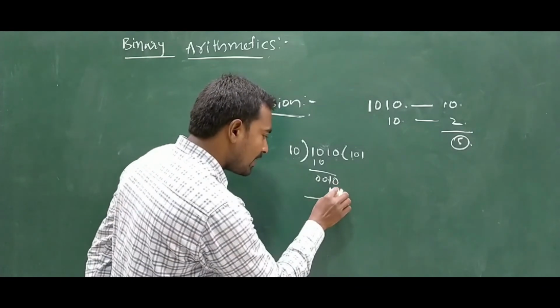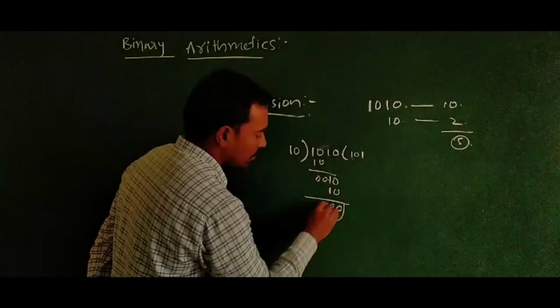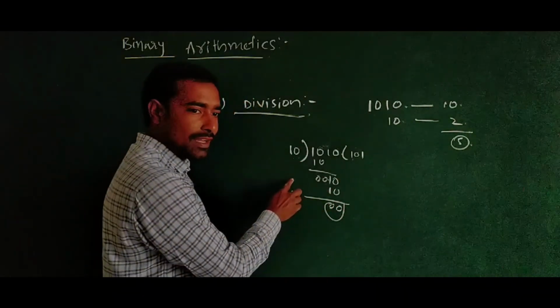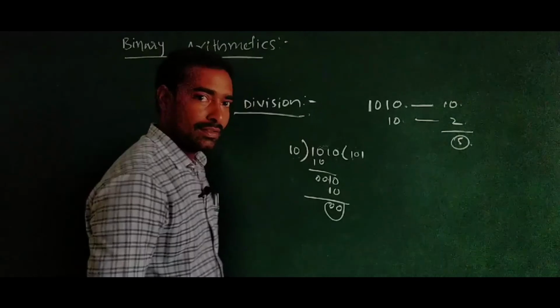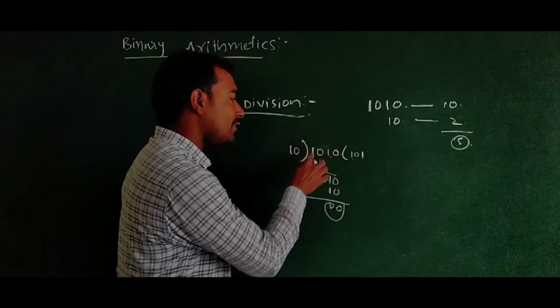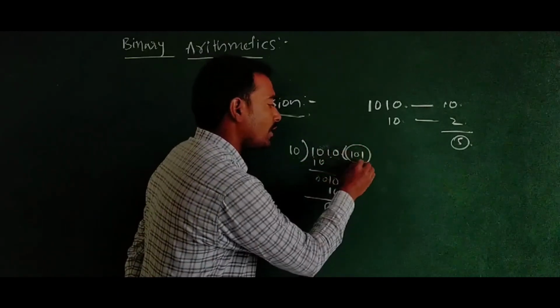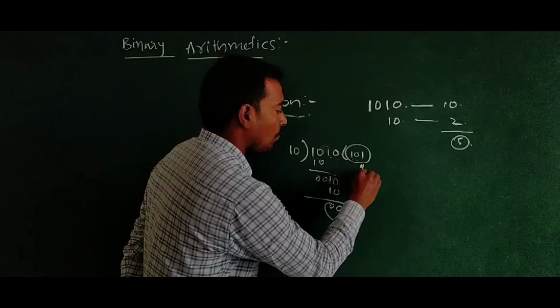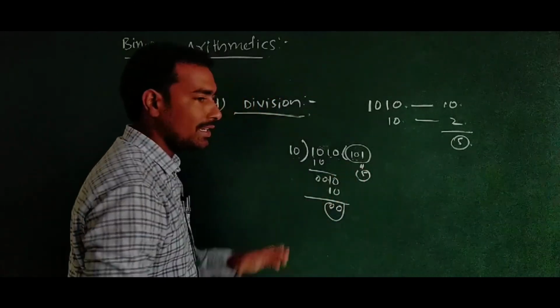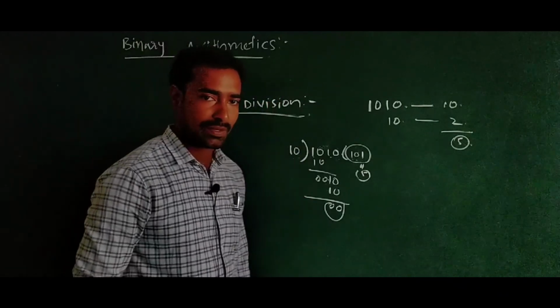Okay, so 0 minus 0 is equal to 0, and 1 minus 1 is equal to 0. So the 10 value. So when we are dividing 1010, that is the 10 value, with the 10 value, then we are getting 101, that is equal to 5. So this is the binary division operation in the binary arithmetic operations, right?